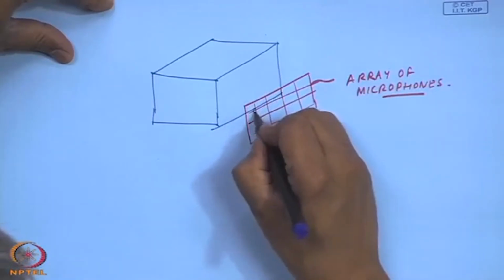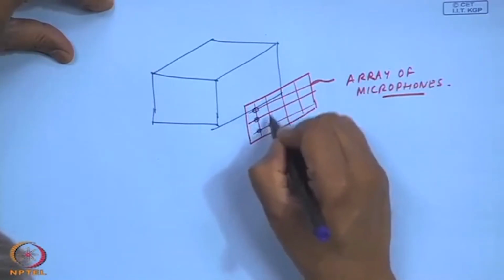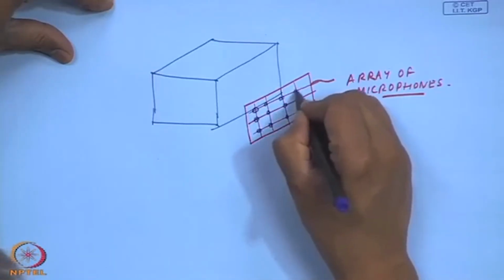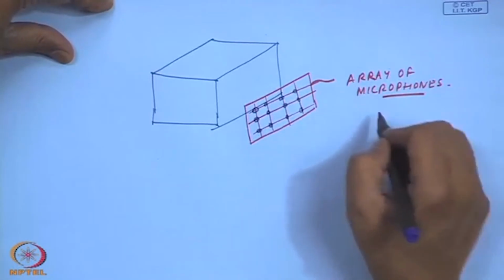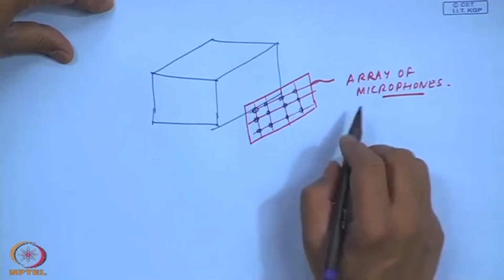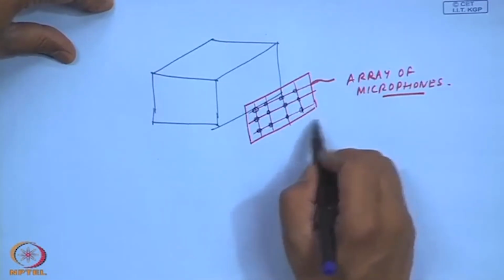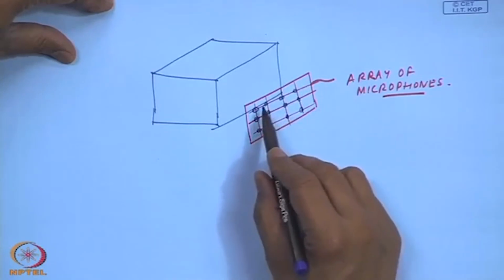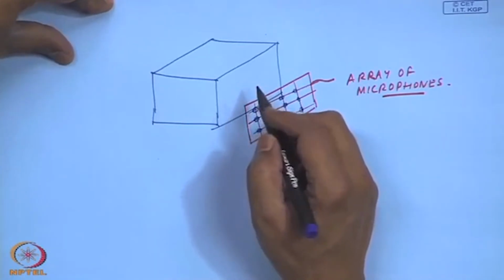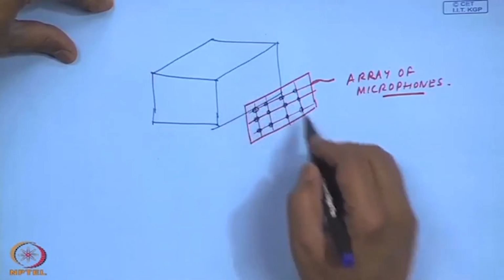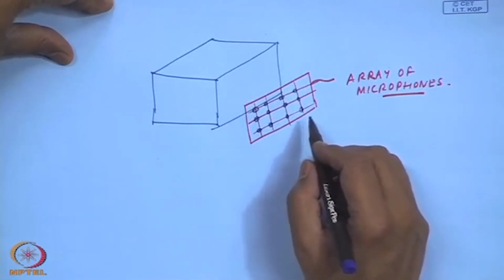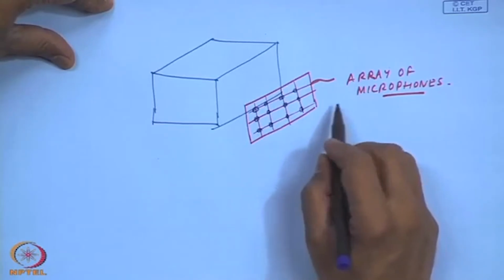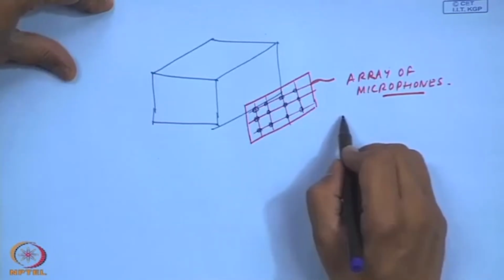And mind you, these microphones are located at every grid location, and we can do a spatial transformation of the sound field by using such an acoustical holography technique. If there are defects in the machine, the noise can be of a very high level.